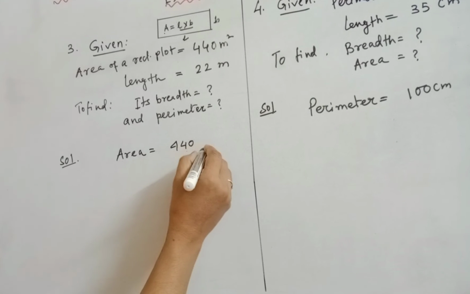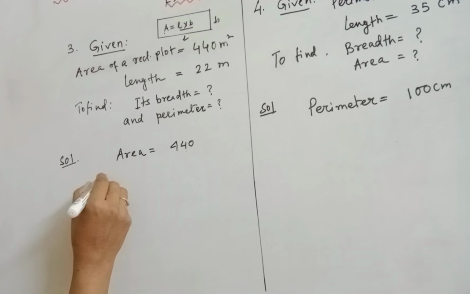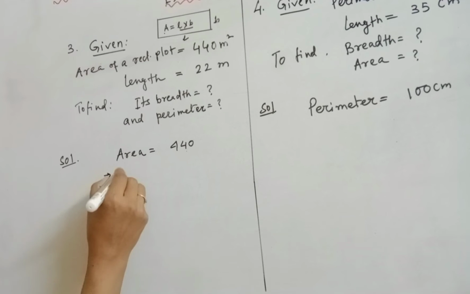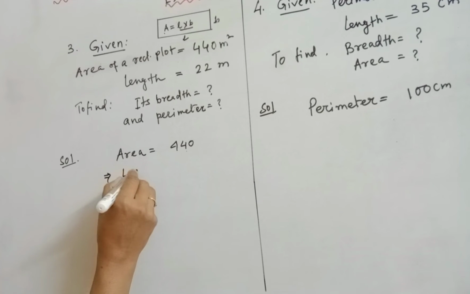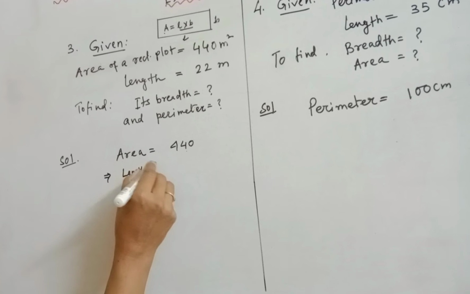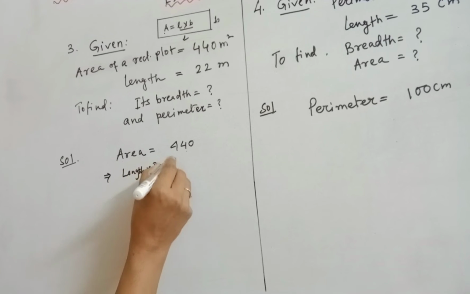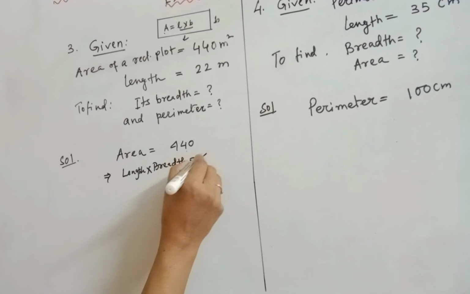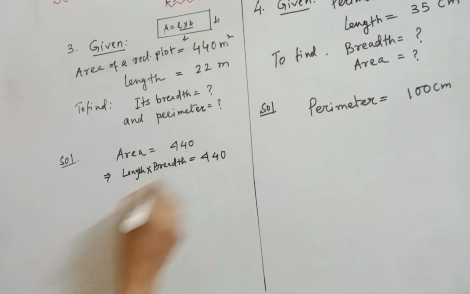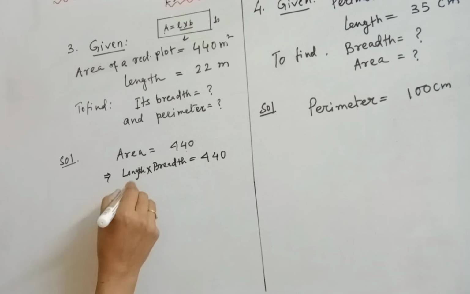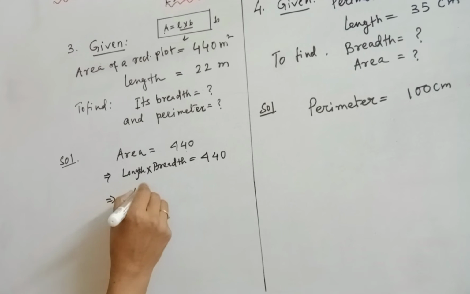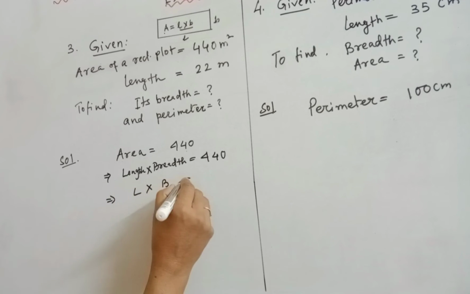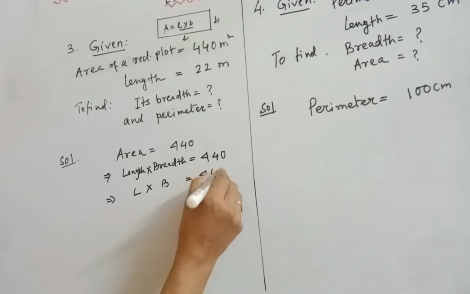Area 440 meter square. Area means length into breadth is equal to 440. Instead of length I can write L into B is equal to 440 meter square.